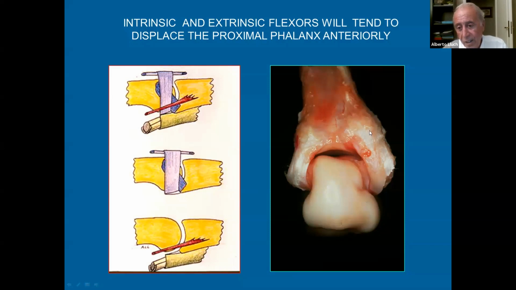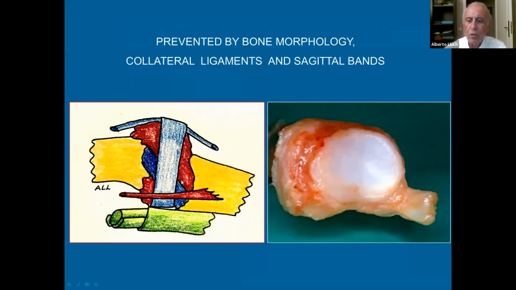You can see that the collateral ligaments insert at the bottom, at the most anterior part of the proximal phalanx. So these are the only two structures, sagittal bands and collateral ligaments, that hold the proximal phalanx. They prevent the proximal phalanx from dislocating anteriorly.